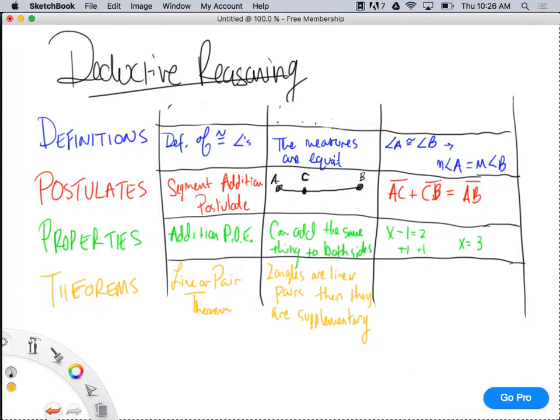And what could this say? If I say angle C and angle D are linear pairs, then angle C and angle D are supplementary.